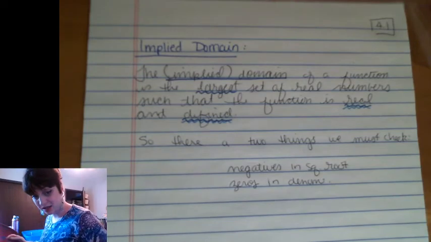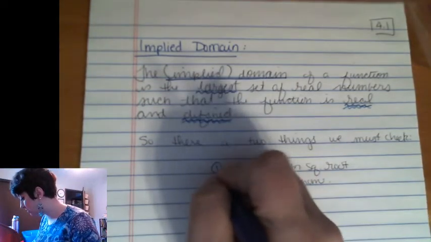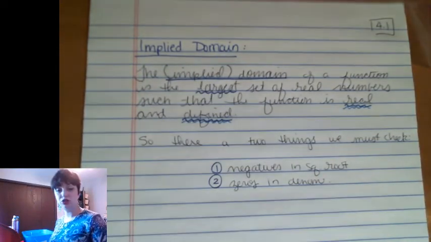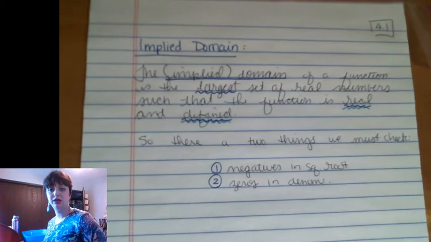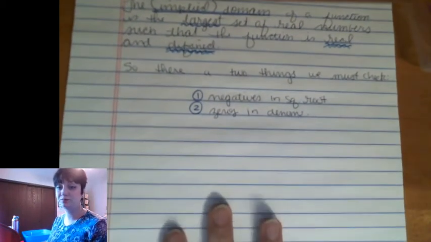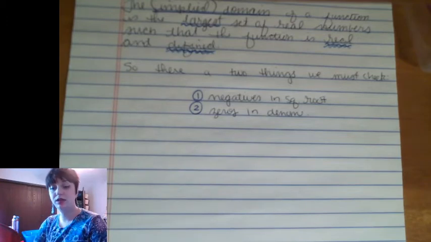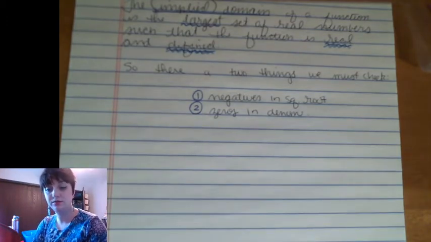That's it. As long as we check for these two conditions, that's going to give us our implied domain. Okay, so let's look at what this looks like in action.